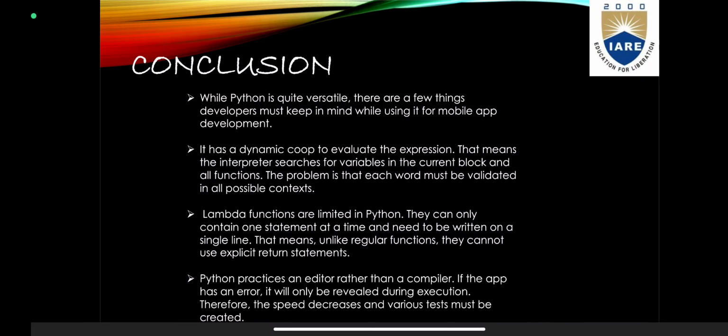Python practices an interpreter rather than a compiler. If the app has an error, it will only be revealed during execution itself. Therefore, the speed decreases and various tests must be created.